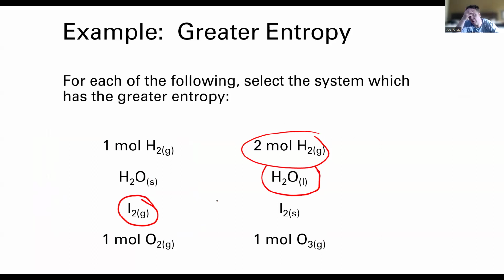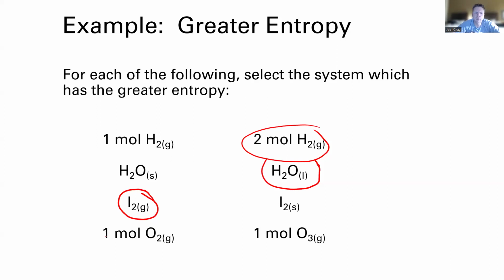Okay, this is kind of tricky because what do we have here? We've got O2 and O3. I think it's helpful to compare these two substances, the O2 and the O3, and maybe even draw them out.